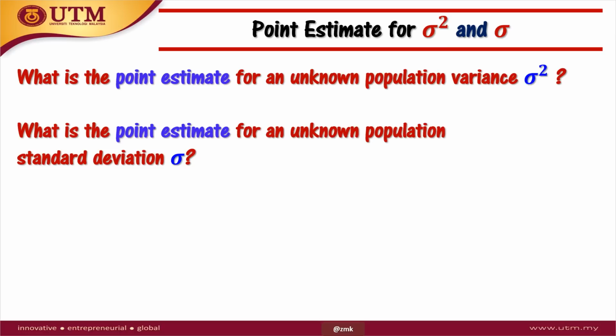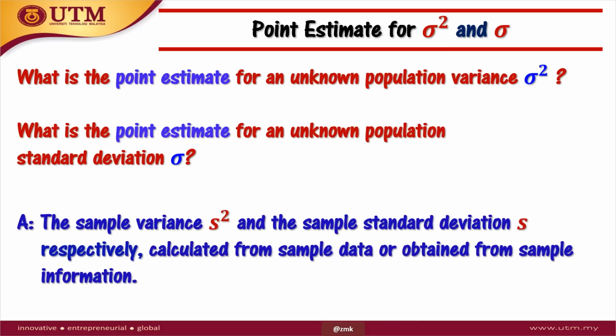The answer to these questions is rather straightforward. The point estimate for sigma squared is the sample variance denoted by S squared, whereas the point estimate for sigma is the sample standard deviation denoted by S.